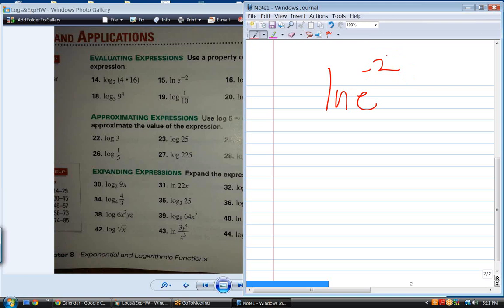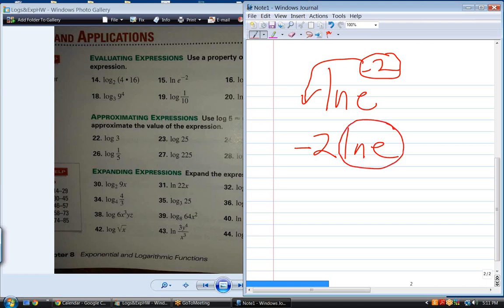So the first thing we're going to do is take that and bring it down here, because you can do that with exponents. So this expression is equal to this. With me? Yeah. This is 1. So our answer is -2. Or whatever that exponent was.